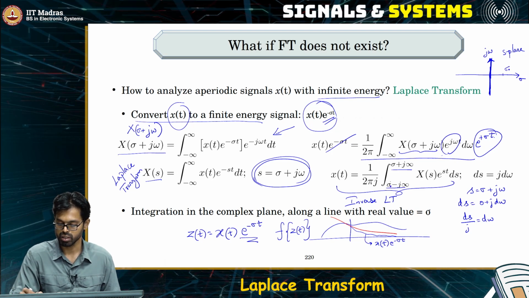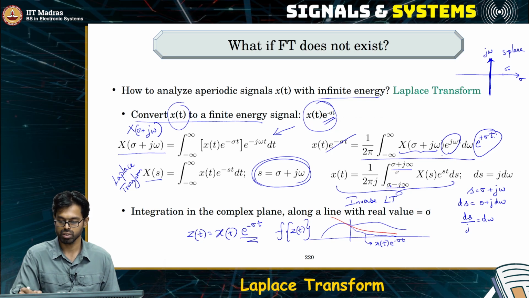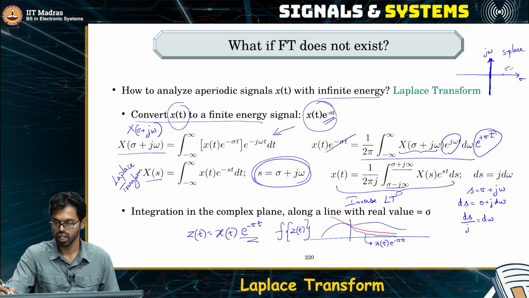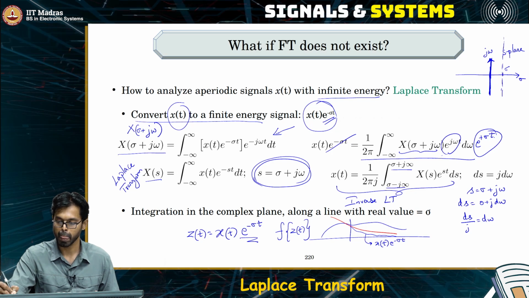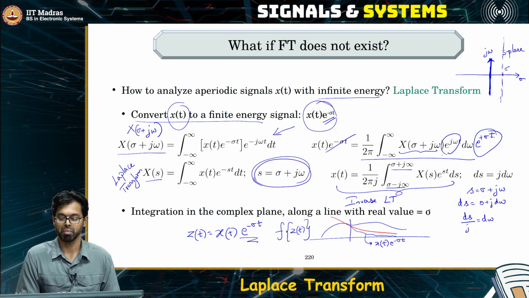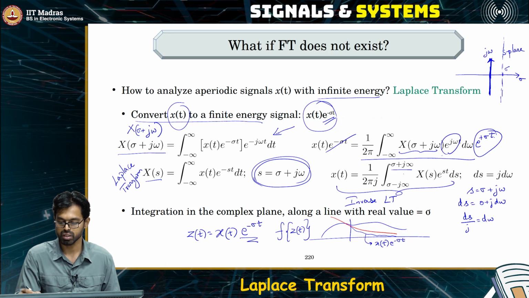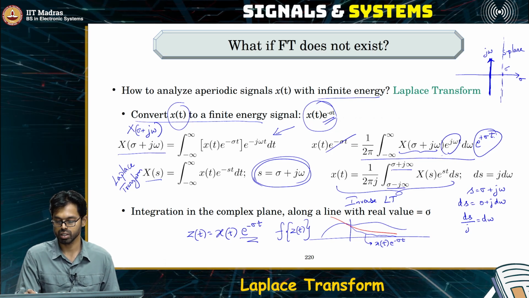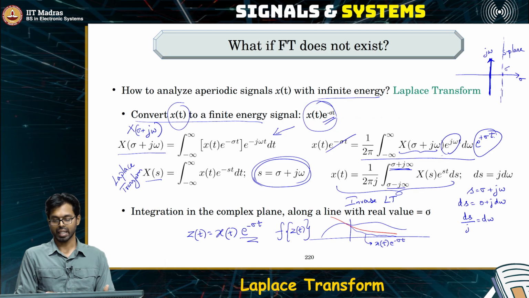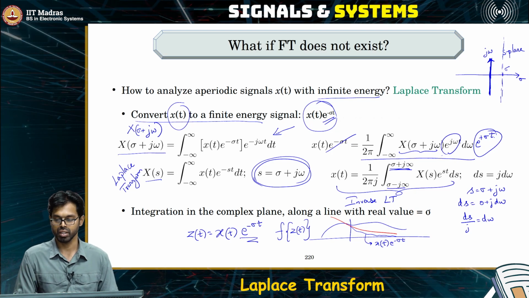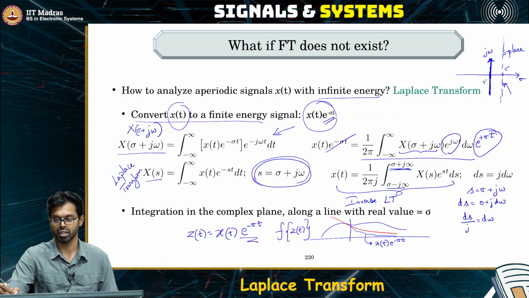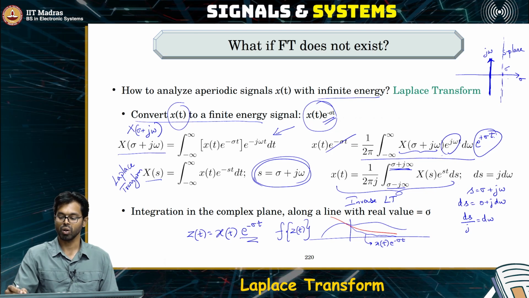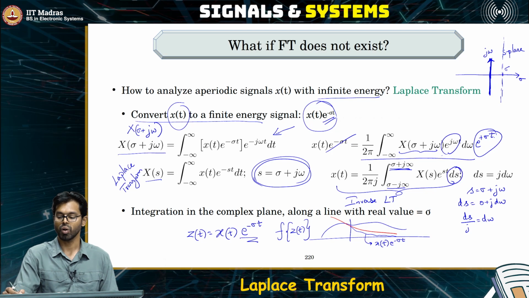You pick some value of sigma and you integrate along that line. That is what we mean by the inverse transform having limits sigma minus j infinity to sigma plus j infinity. Technically it is still from minus infinity to infinity, but it is not along this line, but along a different line, because you are now doing the integration over a complex number, not over a real number.